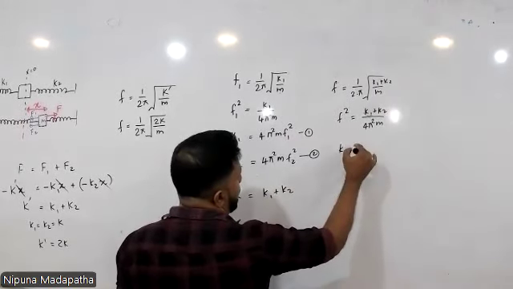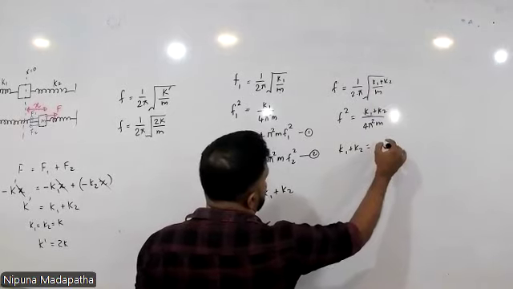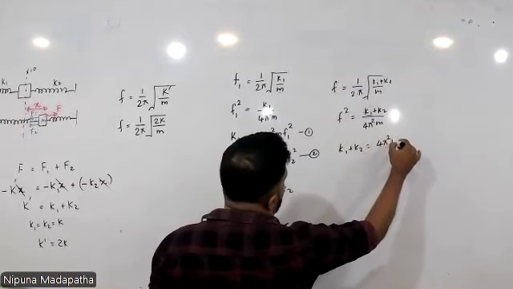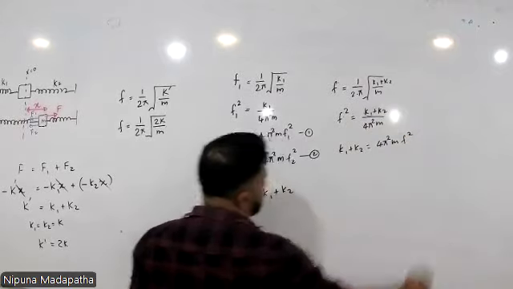So K1 plus K2 is equal to 4 pi squared M times F squared.